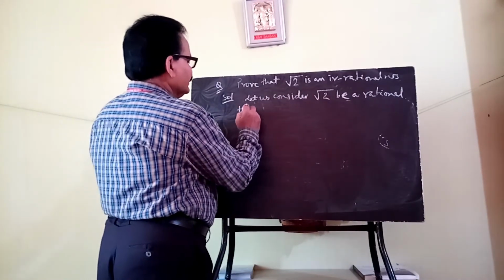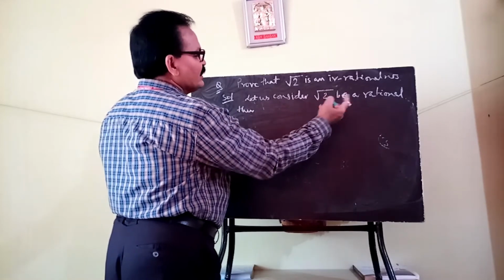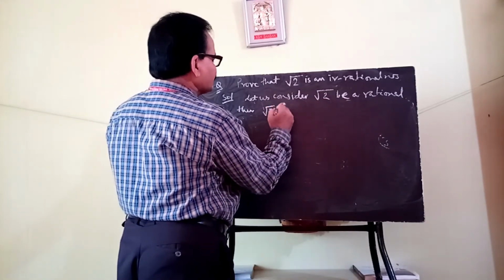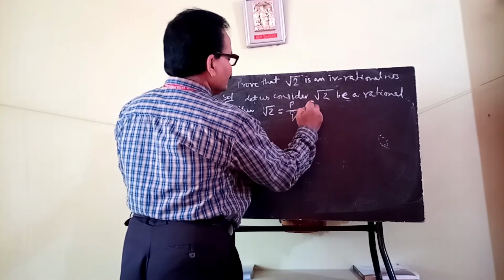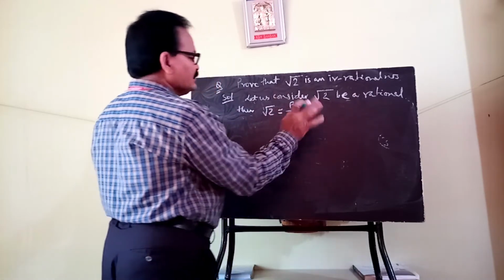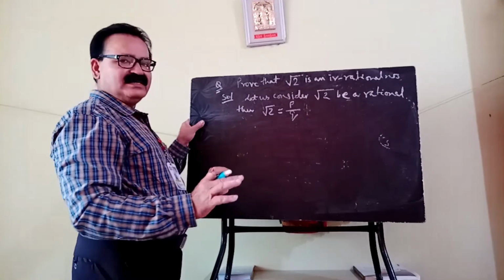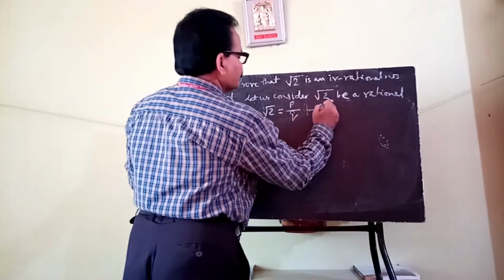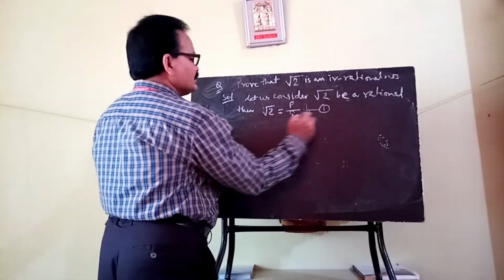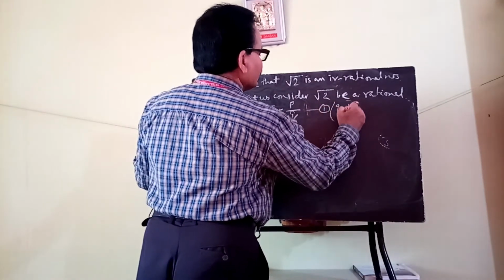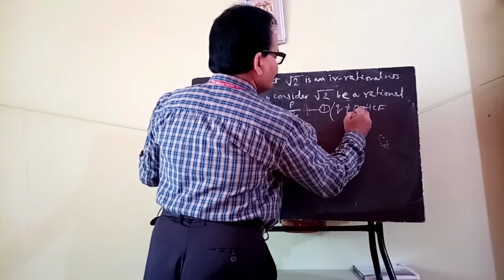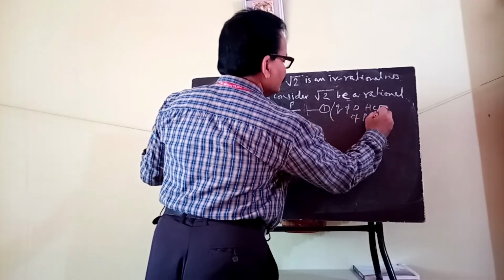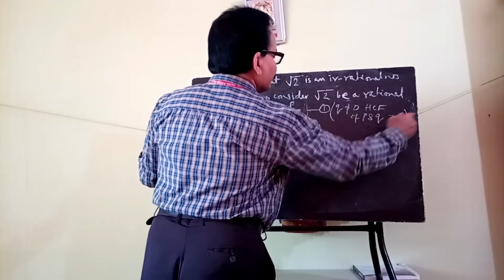Then root 2 can be expressed in p by q form, may be expressed as p by q, such that q should not be equal to 0, and the HCF of p and q is 1.